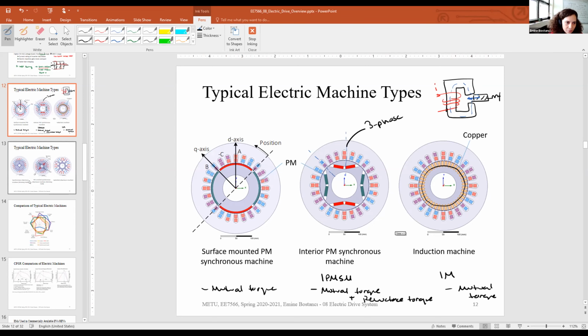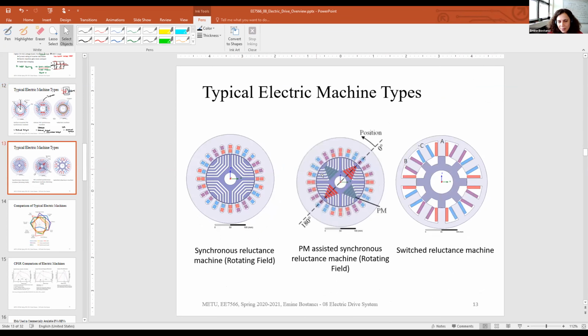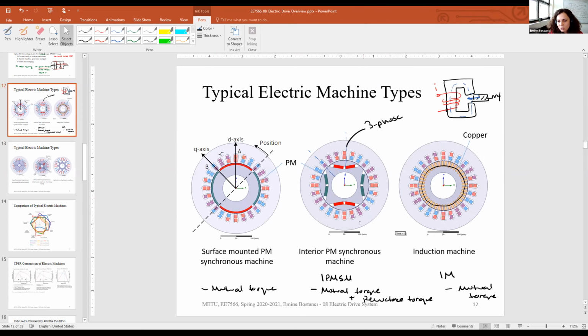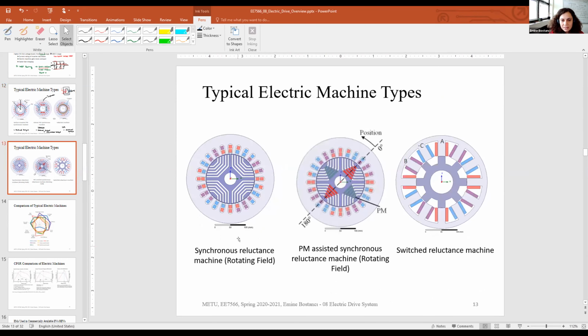And there are also other types of machines. As I said, if you just remove the magnets, it will also create some reluctance. So this is the synchronous reluctance machine. This is just going to have the reluctance torque, because there is no magnet, no field in the rotor that can interact with the stator. So there can be just reluctance torque. Here you can put a few magnets in these openings.